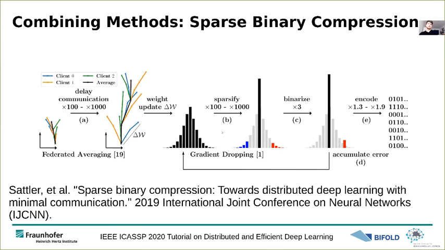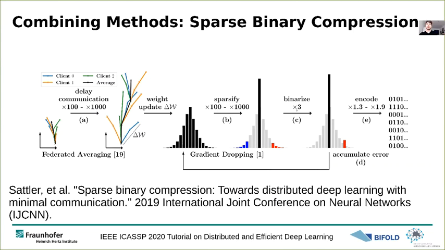And we just thought to ourselves, well, how about combining all of these methods together to get one huge compression method? And so we tried it out. We combined the communication delay with a biased compression method, namely the top K sparsification, which we see here.